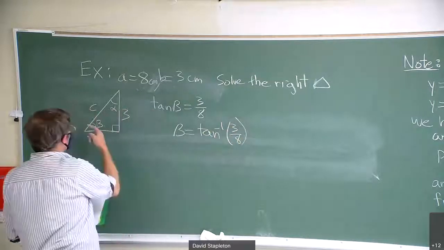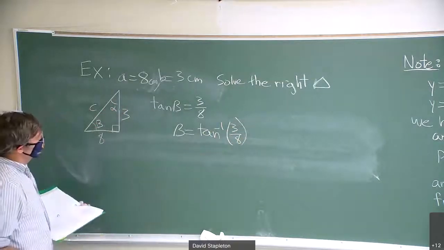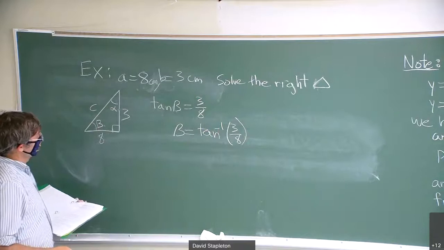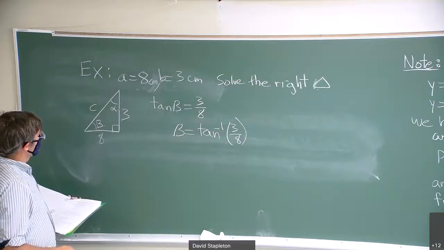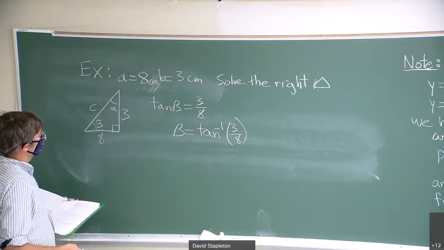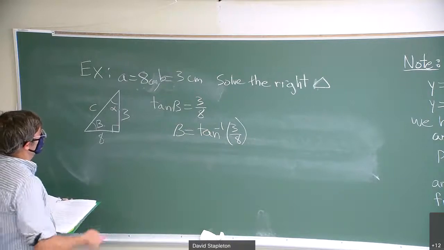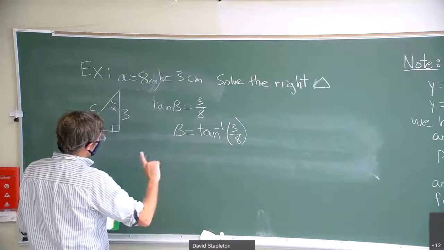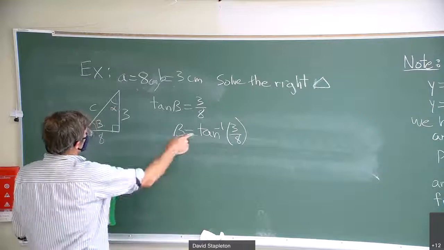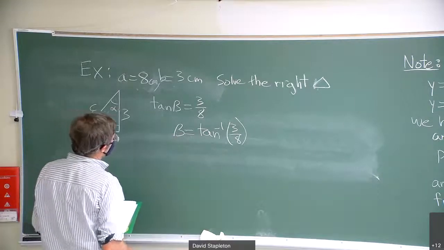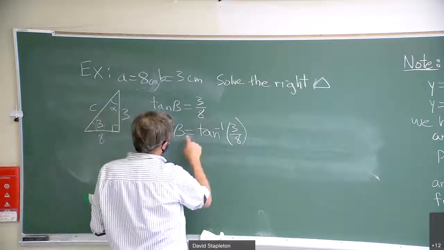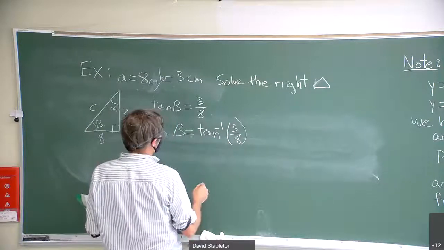Because in a right triangle, these two angles are acute. They're between 0 and 90 degrees. That means that the solution, whatever it is, can only be arctangent. Arctangent of a positive number will be between 0 and 90 degrees. So this will be the unique solution for a right triangle. Just take tangent beta is a number, beta is automatically the arctangent in a right triangle.